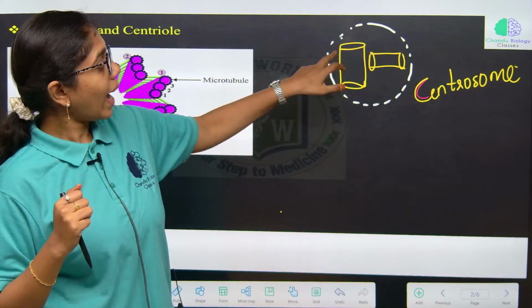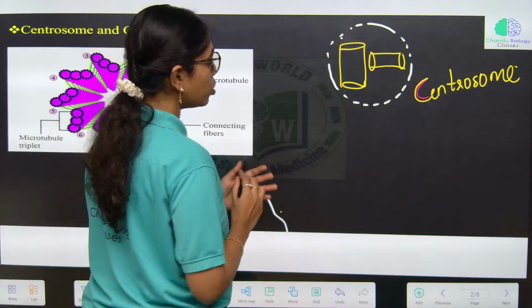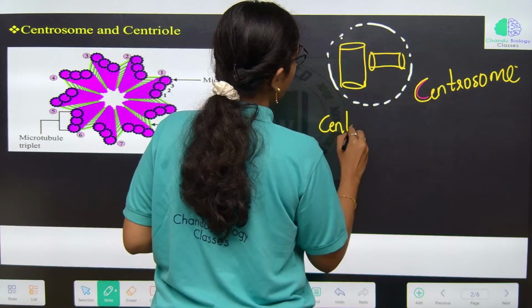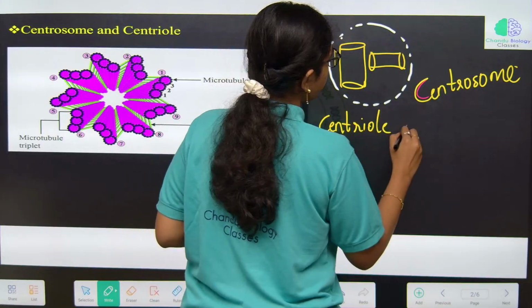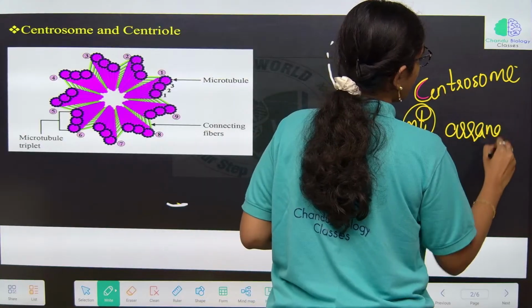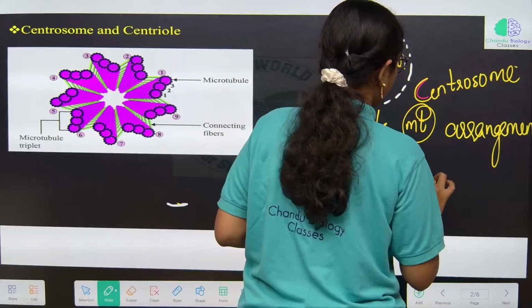The microtubule arrangement of the centriole will be n plus 0.